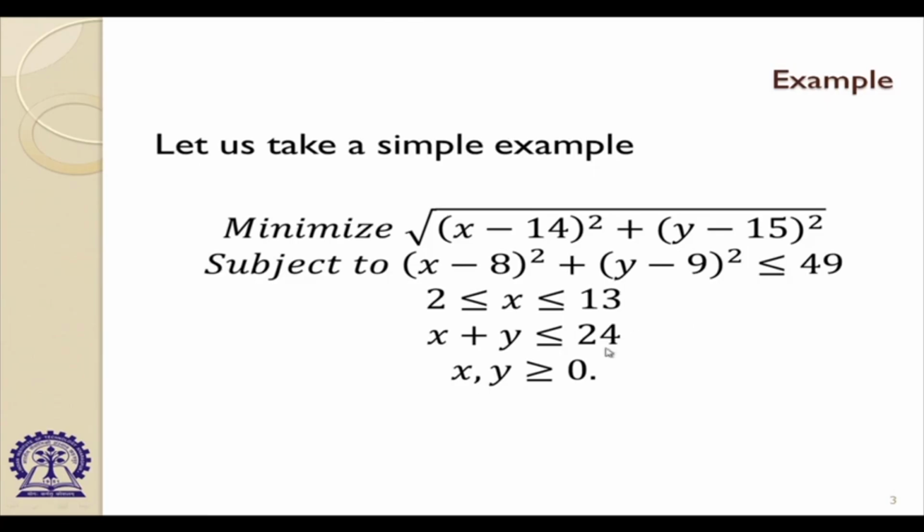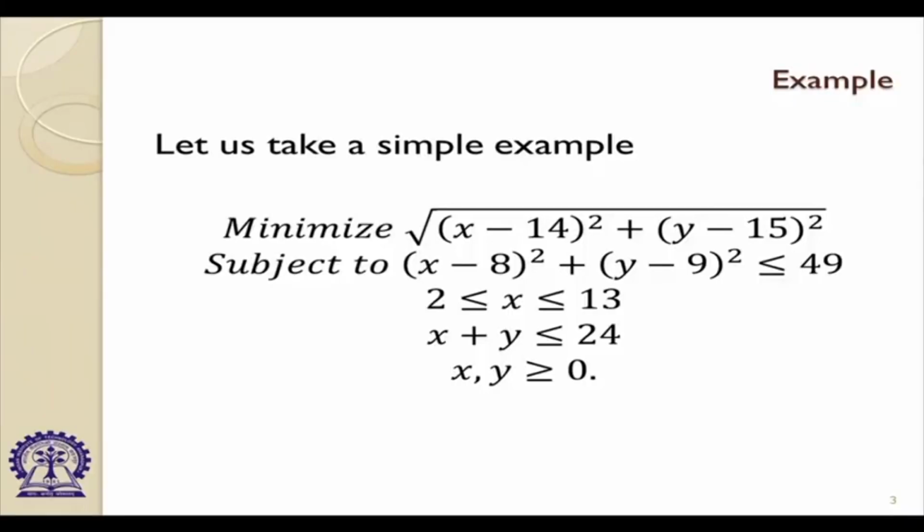With those examples I will try to explain the concepts. Here I have considered a problem of two variables. Why two variables? Because then I can draw it and tell you how graphically we will get the optimal solution. Here the objective function is circular in nature. The circle is centered at (14, 15), and there is a set of constraints.